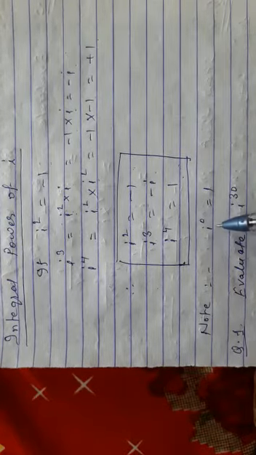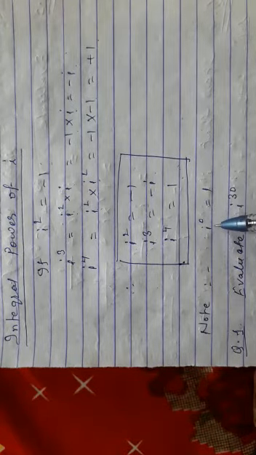Thus we get i square is equal to -1, i cube is equal to -i, i to the power 4 is equal to 1. From this conclusion, we have to solve some questions. Note, i to the power 0 is equal to 1.